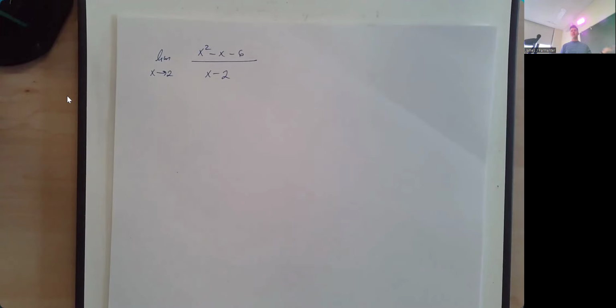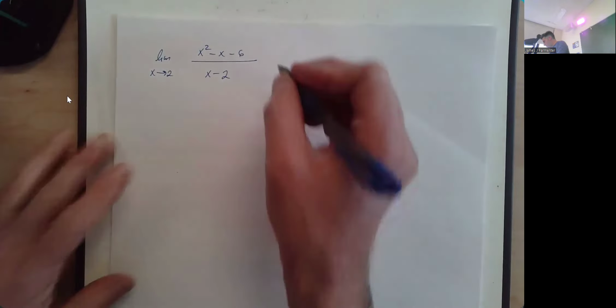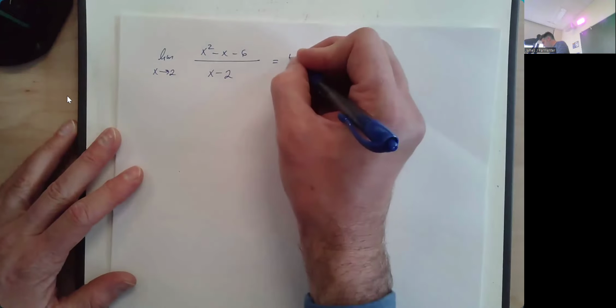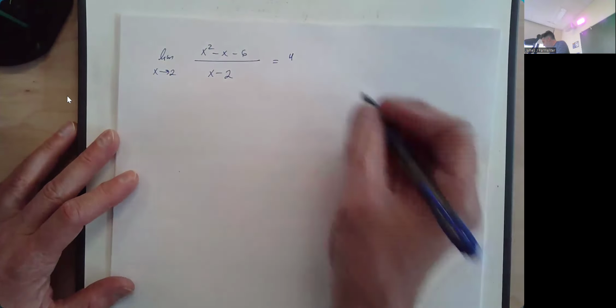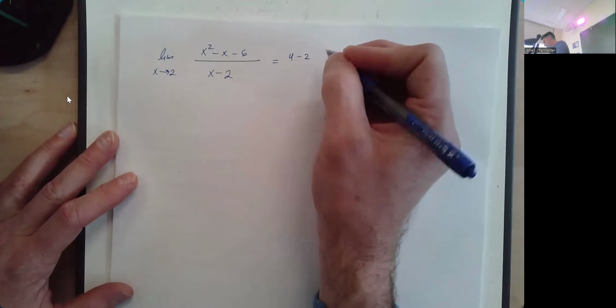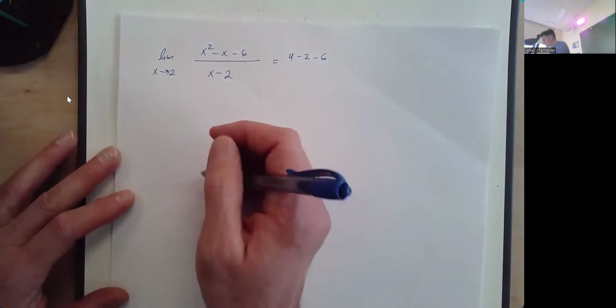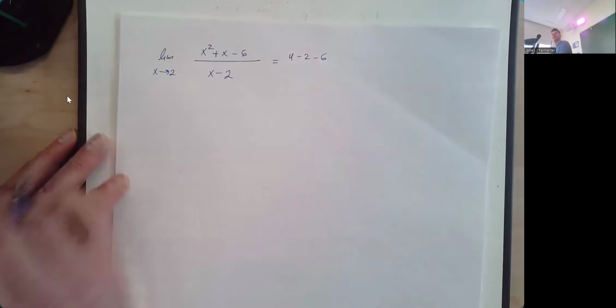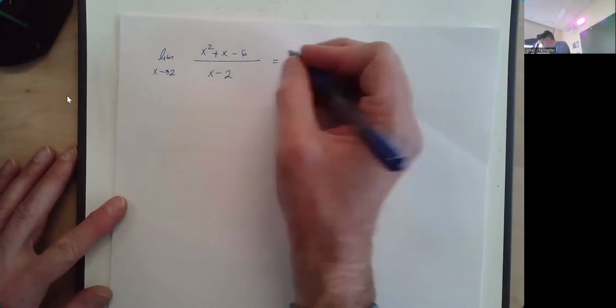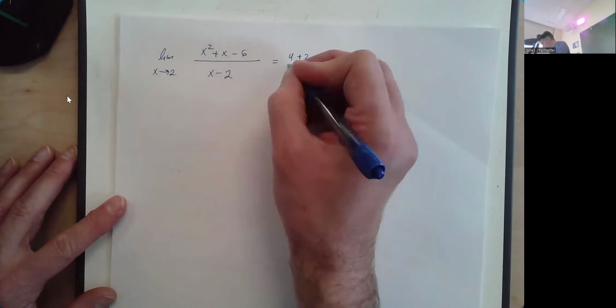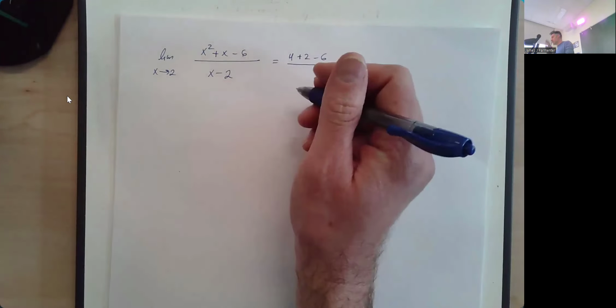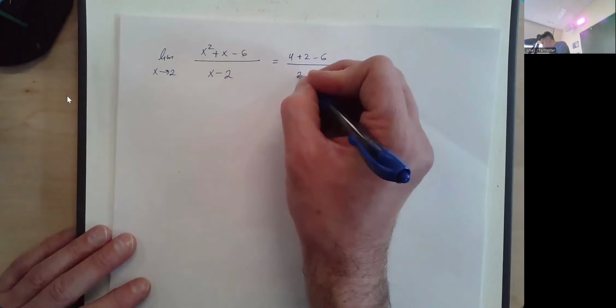Is x getting really close to 2? Oh, I made a mistake. That's all right. I really don't want to do this limit though. It's not where I meant to go. Let's fix it. It's supposed to be a plus. Sorry about that. Sometimes mistakes are made. Don't worry, we'll see these types in a little bit, but not right now.